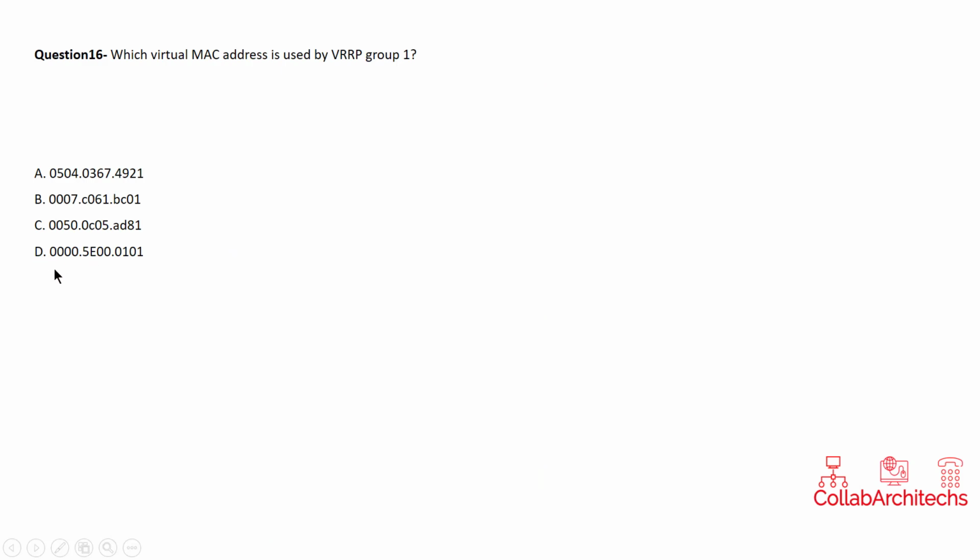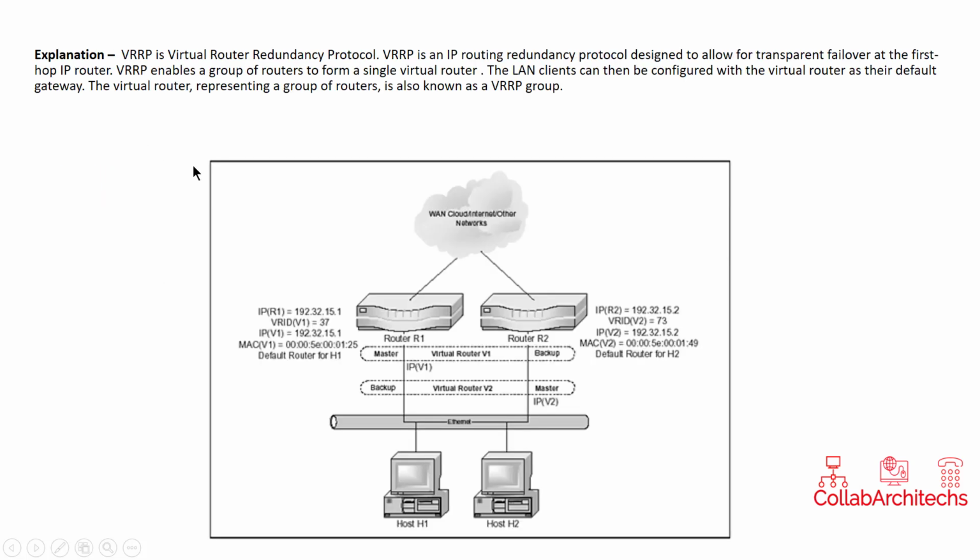So the correct answer for this should be D. Let's see more about it in my explanation. Here I have explained VRRP, the Virtual Router Redundancy Protocol, an IP routing redundancy protocol designed to allow for transparent failover at the first hop of the IP router.